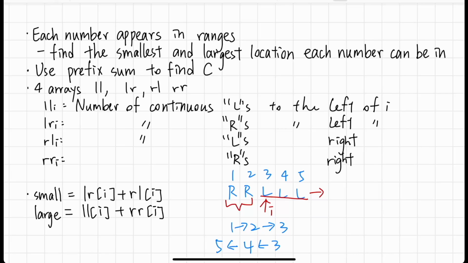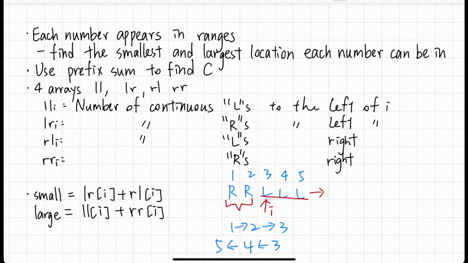So meaning that the smallest position of 3 would be at position 5. And large is a similar case, except this means that these are some amount of numbers till the end of the array. So this is the largest value. The number needs to be here.